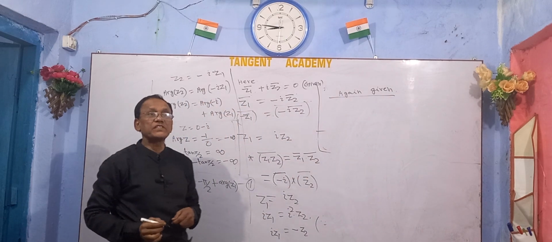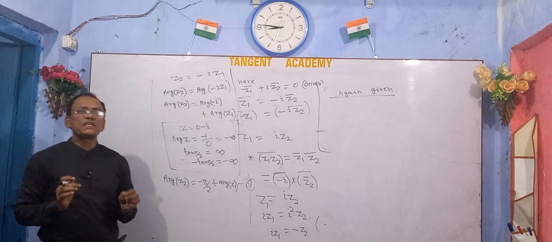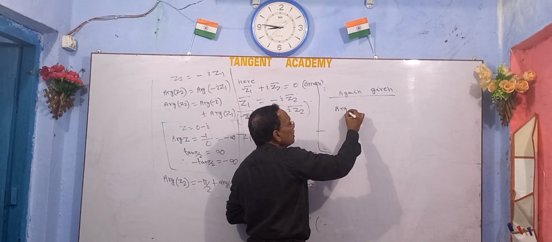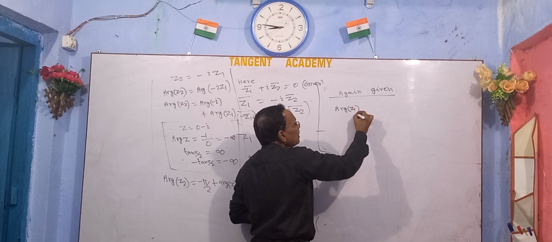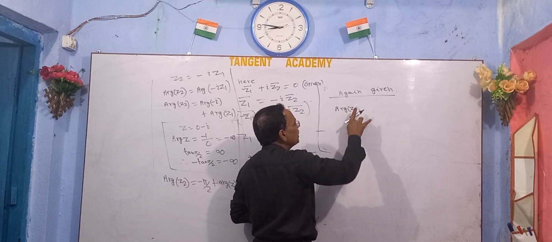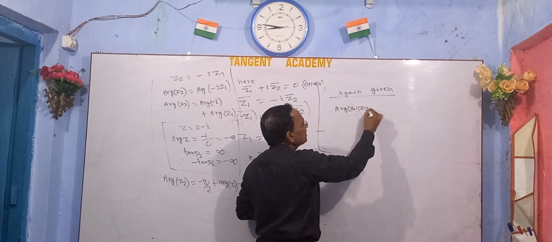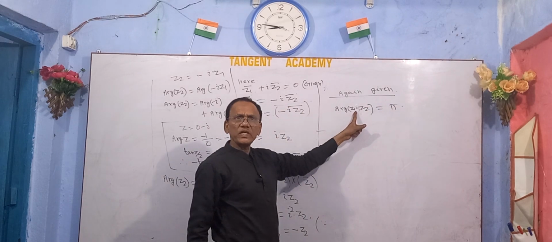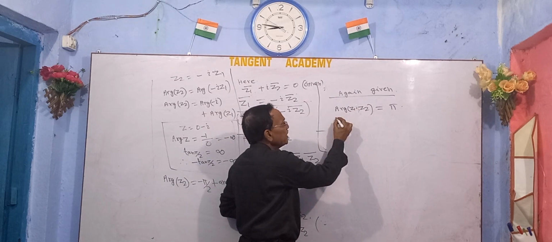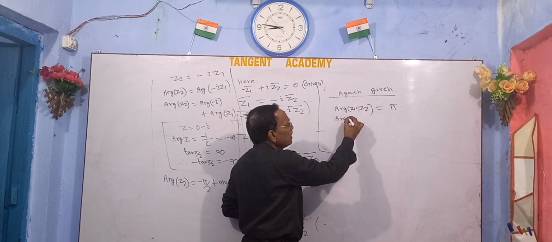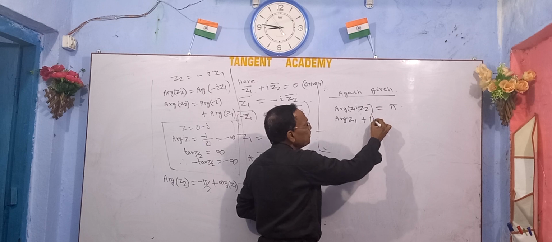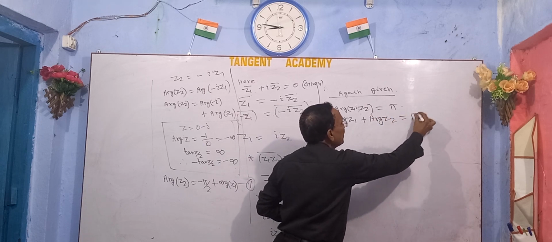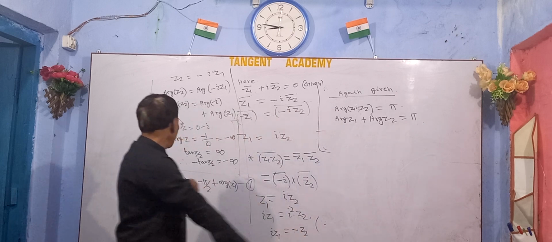The argument of Z1 into Z2 is given as pi. Breaking it by the property, this can be written as the argument of Z1 plus the argument of Z2 is equal to pi.